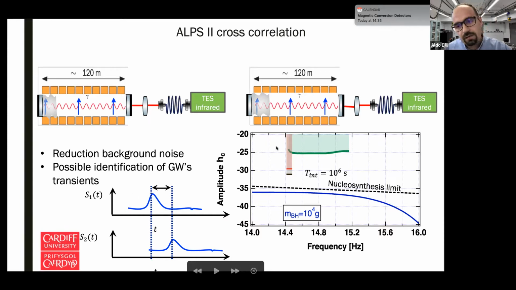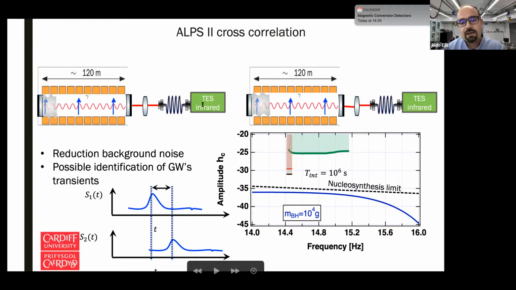On the other side, let's say in a second cavity, we will have a shift between these two signals. And doing cross correlation by measuring the photons is possible, even if this is at high frequency.